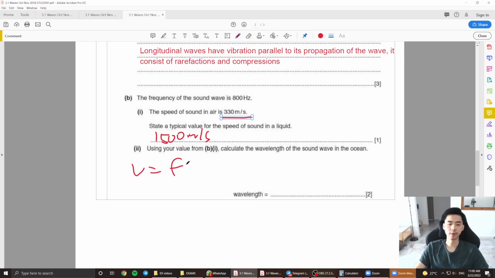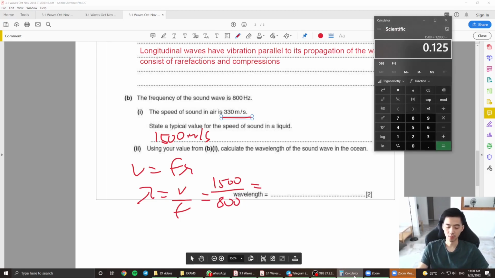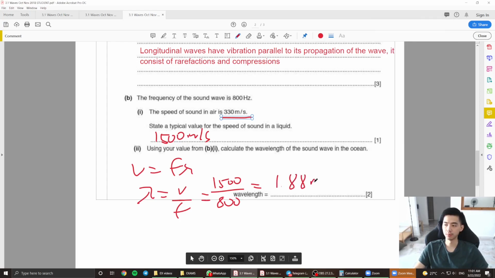V equals F lambda, so lambda will be V over F, which is 1,500 divided by your frequency 800. Press that into your calculator and you'll get 1.88 meters.